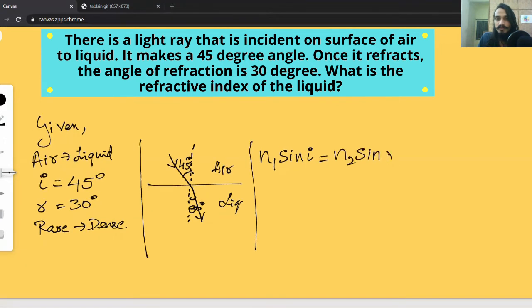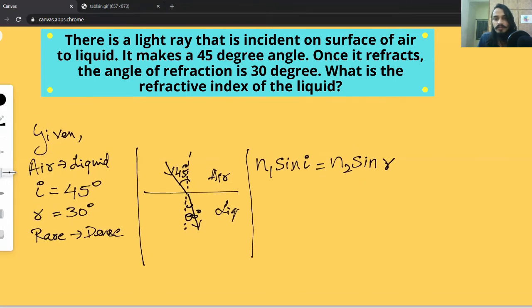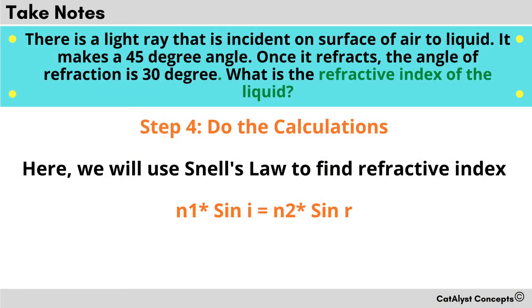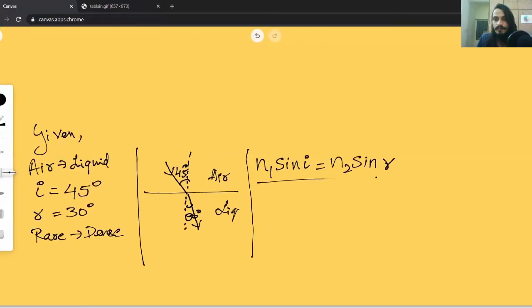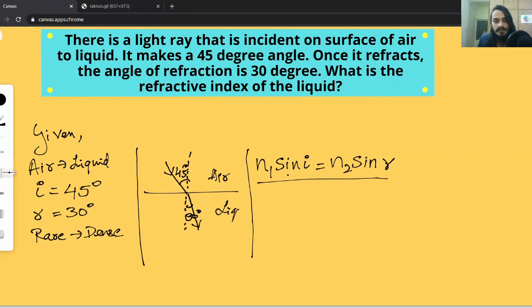So n1 sin i equals n2 sin r is Snell's law. I know some values in this, some I do not. There is no mention of n1 and n2. We have i and r, but what are these sine values? This is something we are not familiar with.